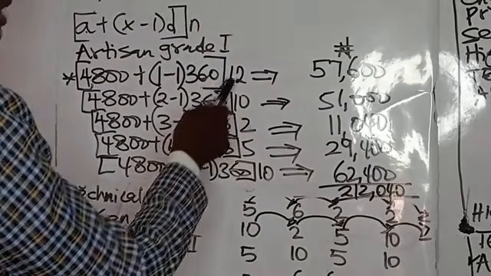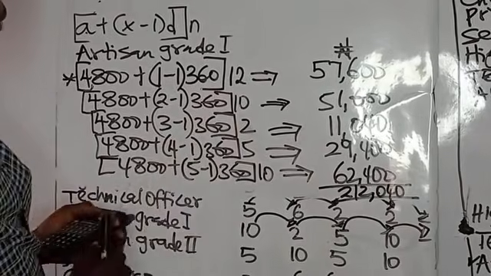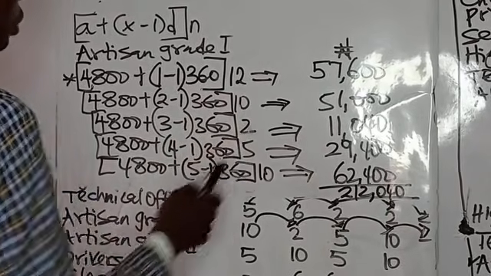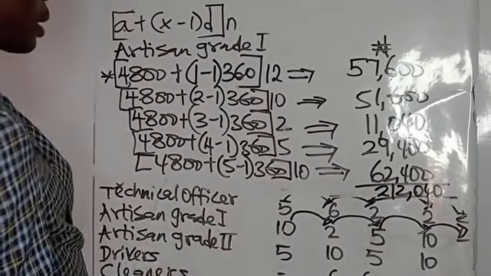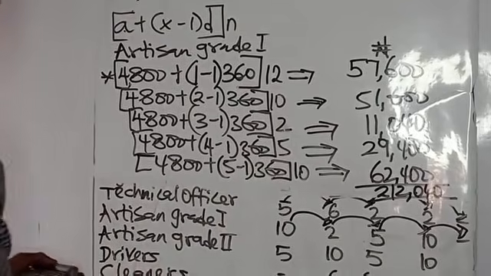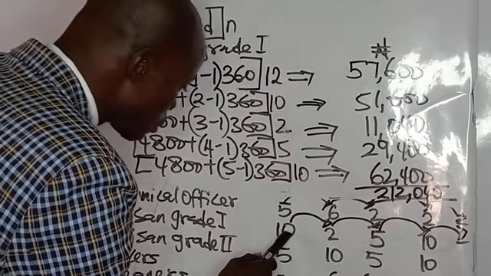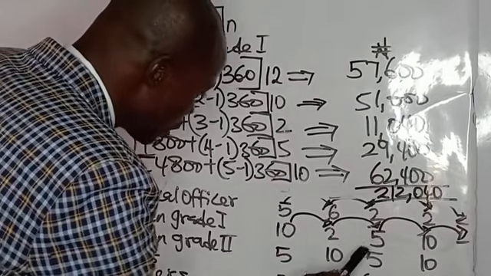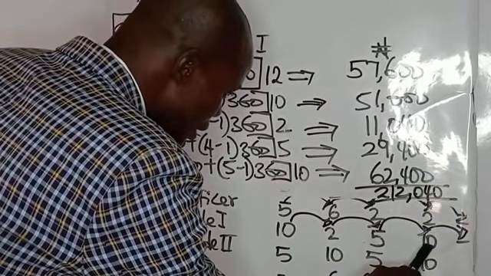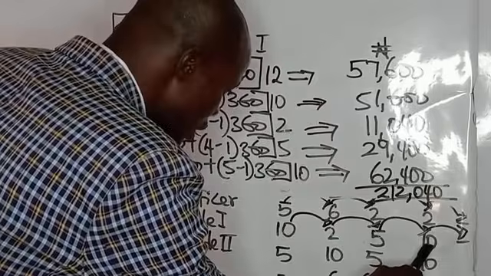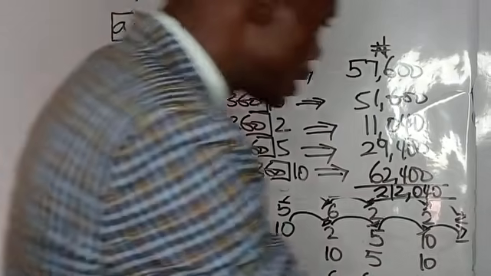If you count the number of artisans here, we have 12 plus 10, that is 22, plus 2, that is 24, plus 5, that is 29, plus 10, that is 39, which is more than the 34 we have in the question. So if you sum up 10 plus 2, 12, plus 5, 17, plus 10, that is 27, which is more than the number of existing artisans.